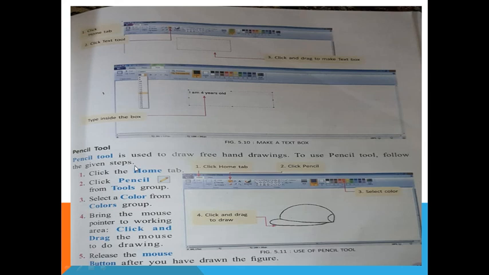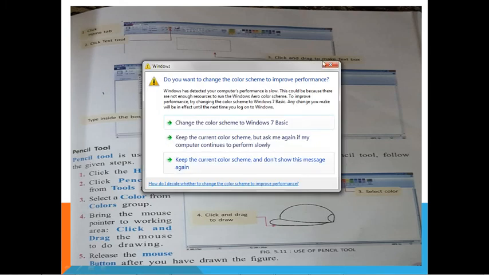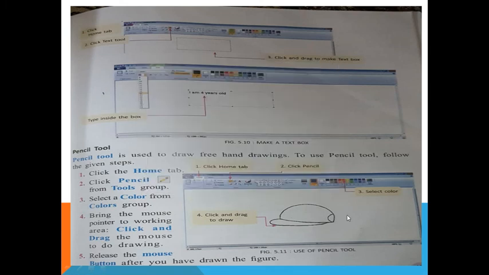Release the mouse button after you have drawn the figure. Whatever figure you are drawing, you should release the mouse. See, with the pencil we are drawing something. Click and drag to draw. Here you should bring the pencil and drag, draw here whatever you want.